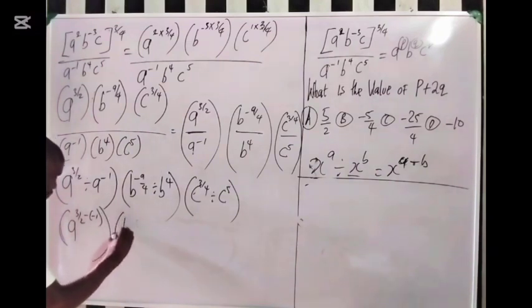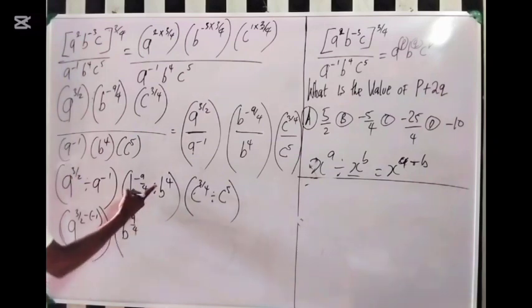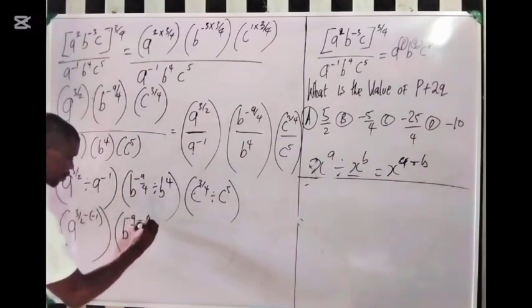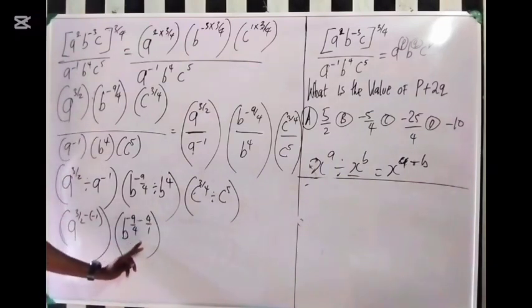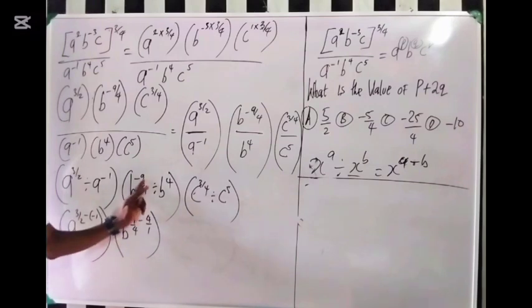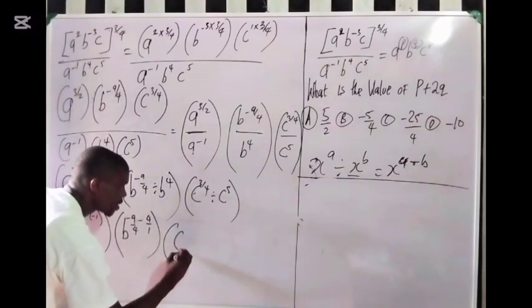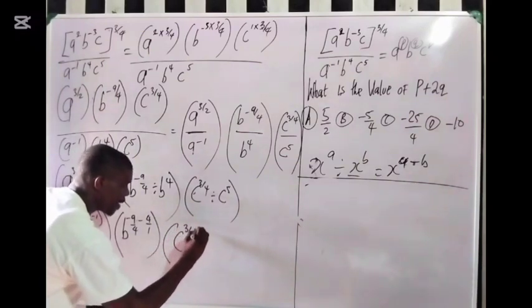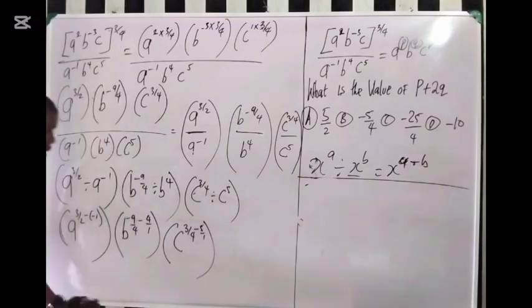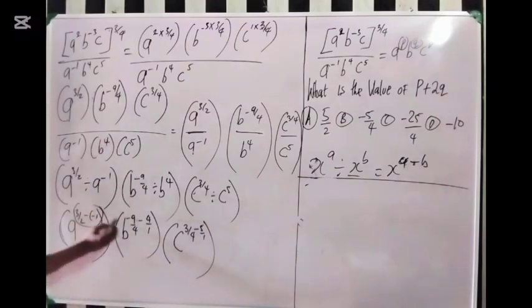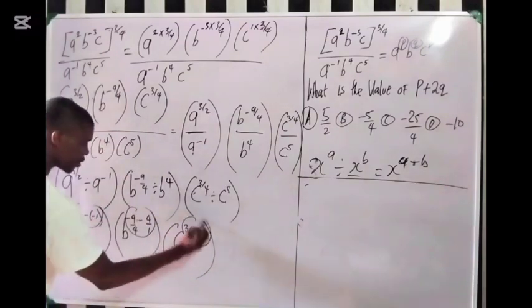Then you have b raised to minus 9 over 4 minus 4 over 1, right? Check it very well. So b raised to minus 9 over 4 minus 4, right? Same to here. c to the 3 over 4 minus 5 over 1. Is it clear? So let's evaluate each of these.